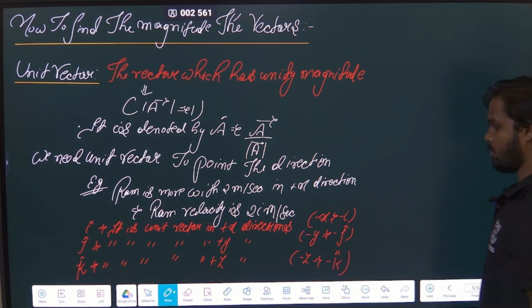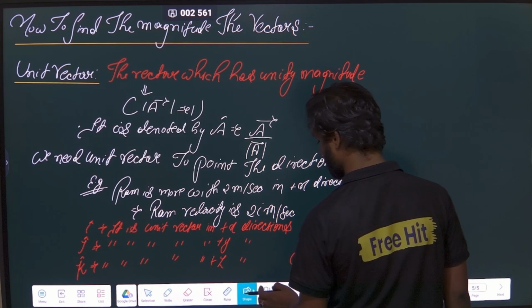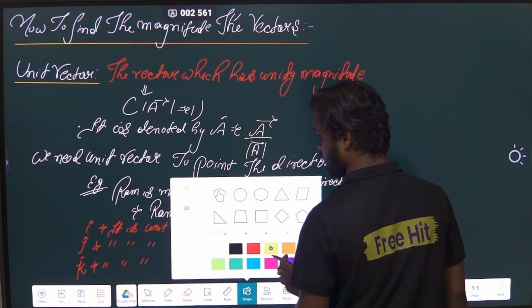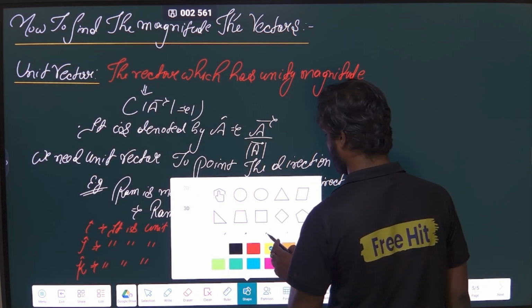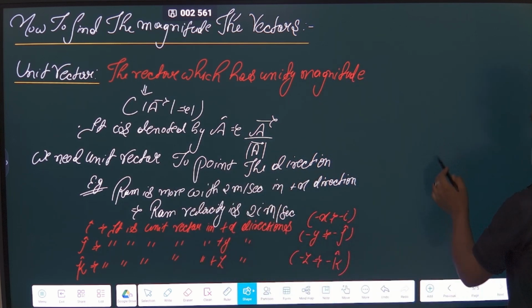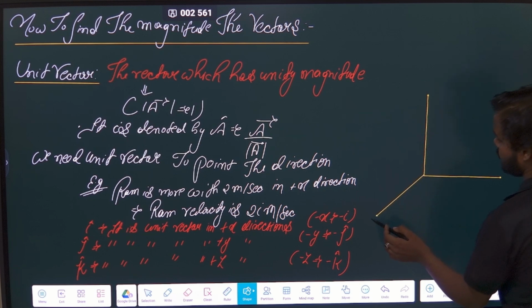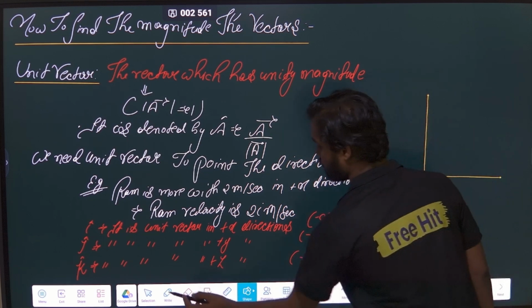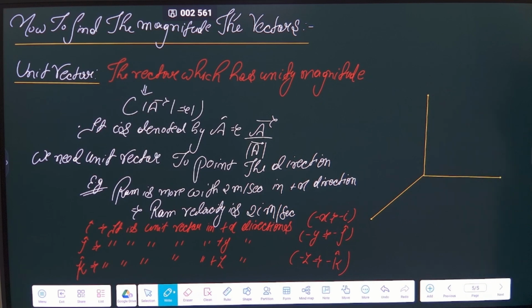Clear? If I draw a diagram, I will explain it in a better manner. Suppose this is my x axis, this is my y axis, and this will be my z axis. These are the three axes. We have x, y and z, correct?